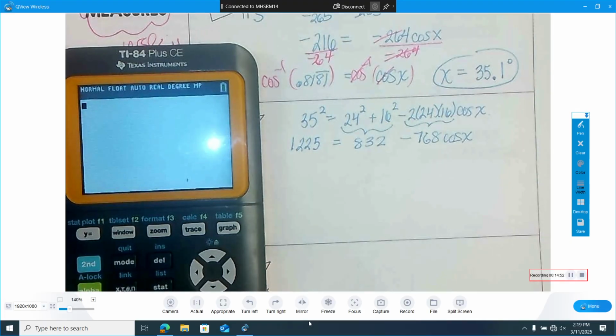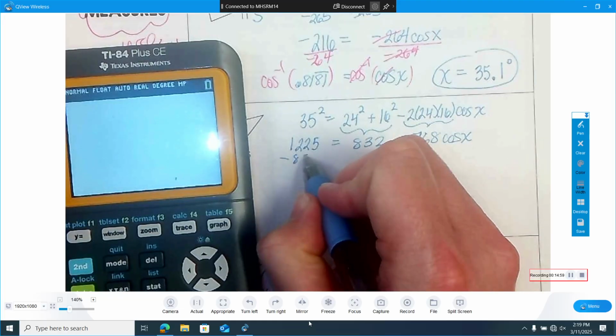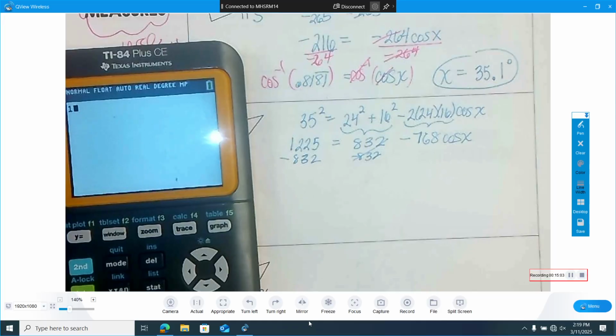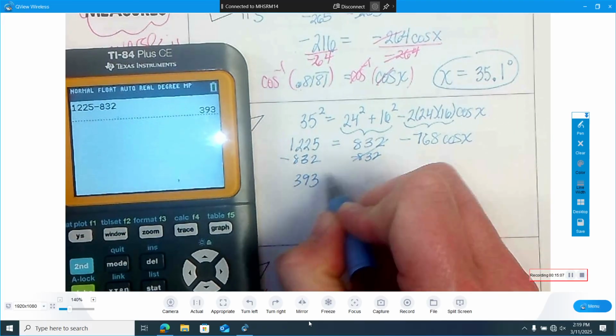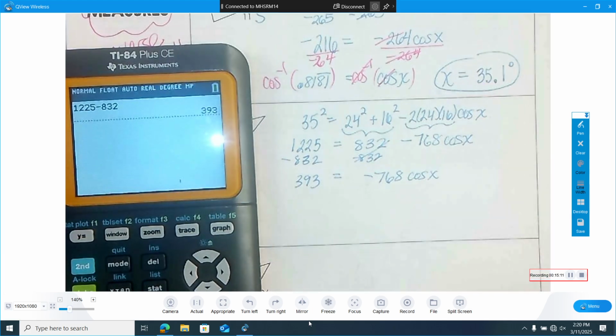Once you cleaned it up, then it's just solving. So what do we do to solve? Good. Subtract 832. 1225 minus 832 is 393 equals negative 768 times the cosine of x.